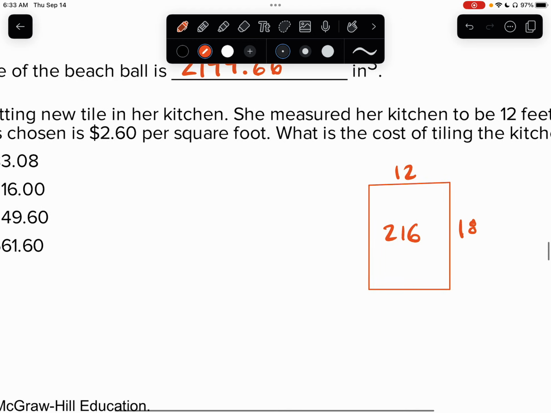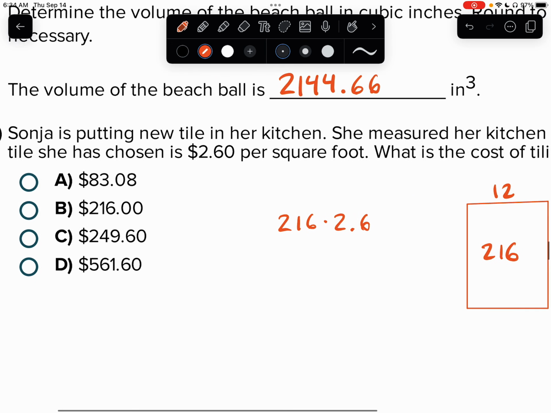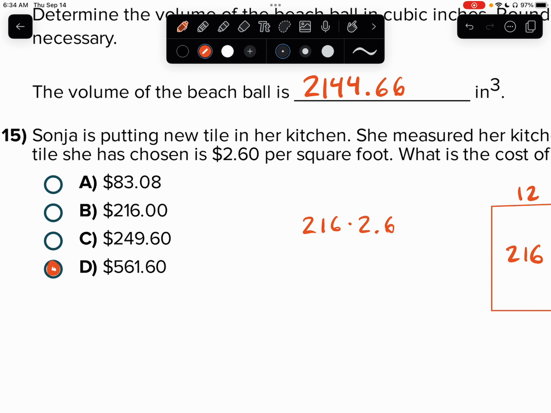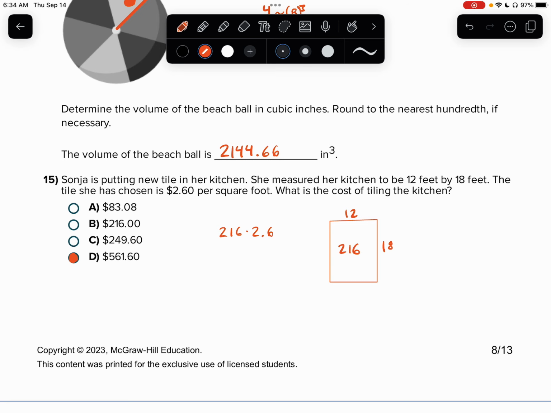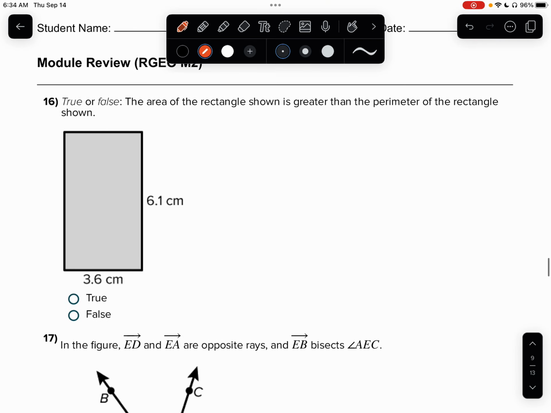So now I'm going to do 216 times 2.6 in my calculator, because the total kitchen is 216 square feet, and I need 216 square feet of tiles at $2.60 per foot. So 216 times 2.6 is $561.60. All right, that's that. Moving on.